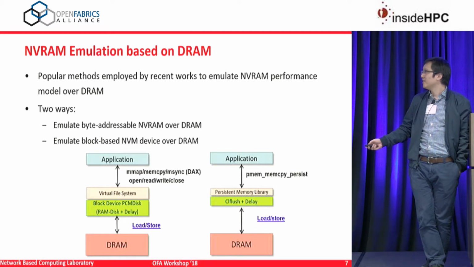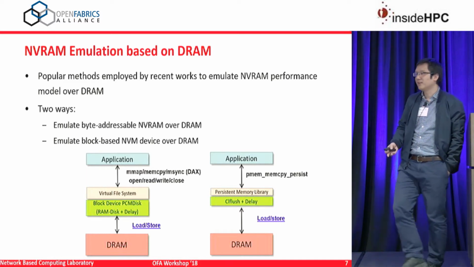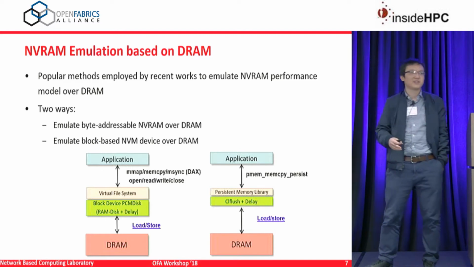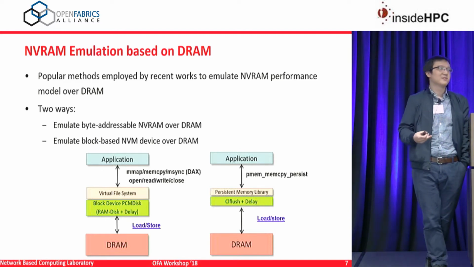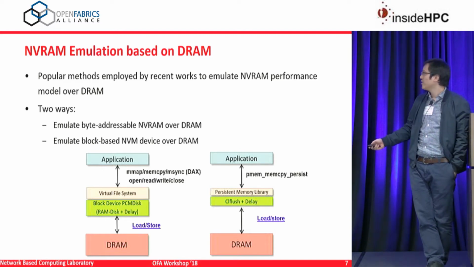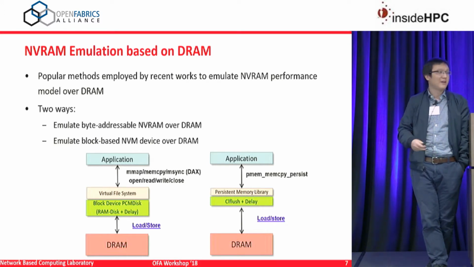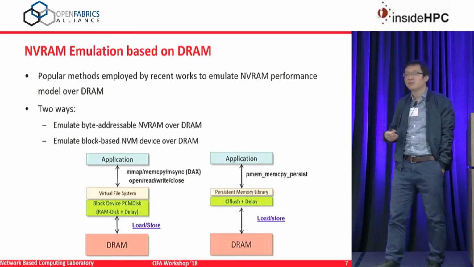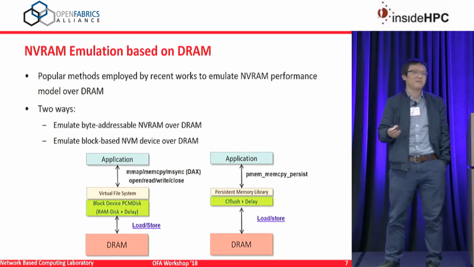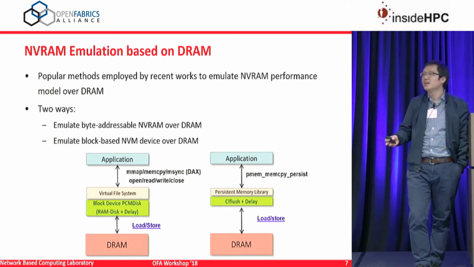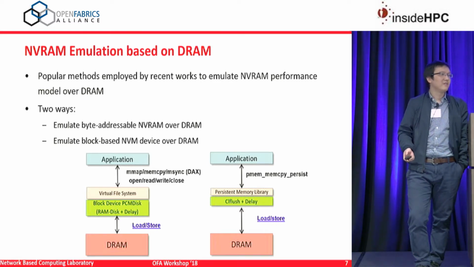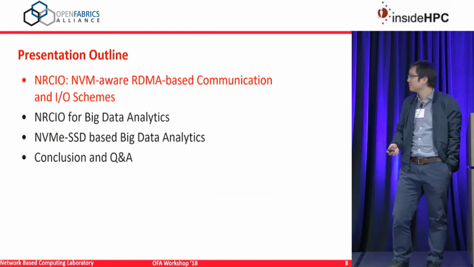You can have a file system on top of your NVRAM device, so you can do the traditional open, read, write operations, using NVRAM as a block IO device. Or you can use PMDK, the persistent memory library many people mentioned, so that you can use that library for operations like malloc or memory copy persistent in programming your applications. This is how you can utilize NVRAM in your applications.